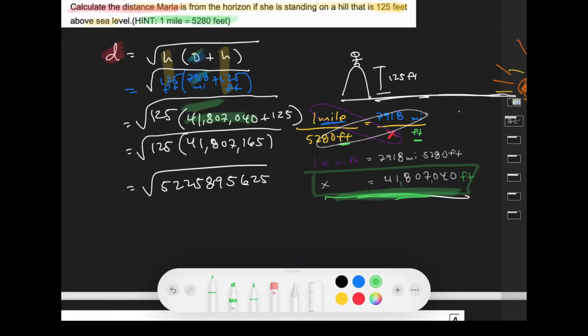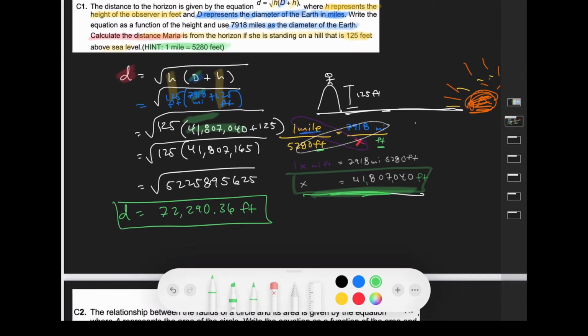And this is my answer. Okay, remember, we're in feet, and let's see. Write a function, we did that.